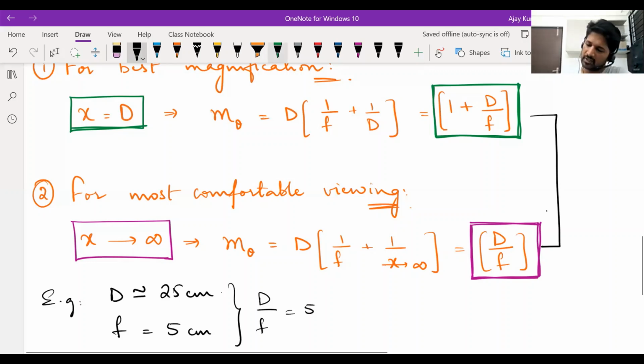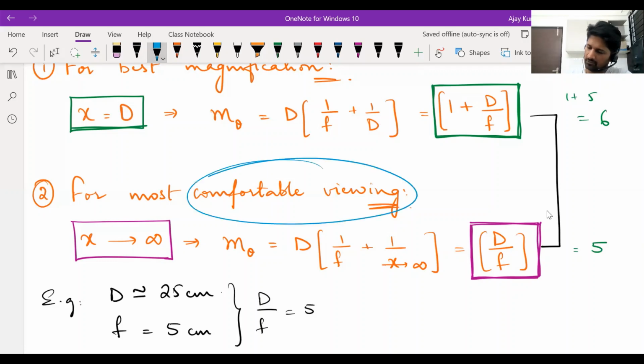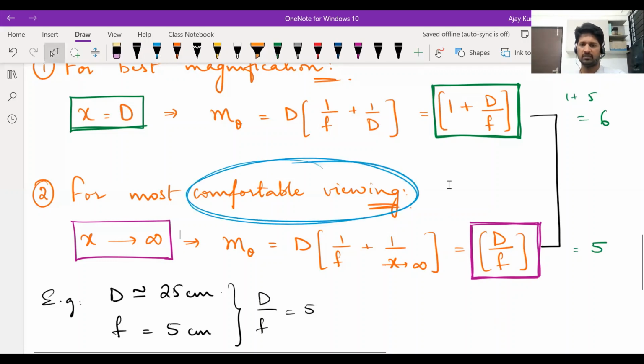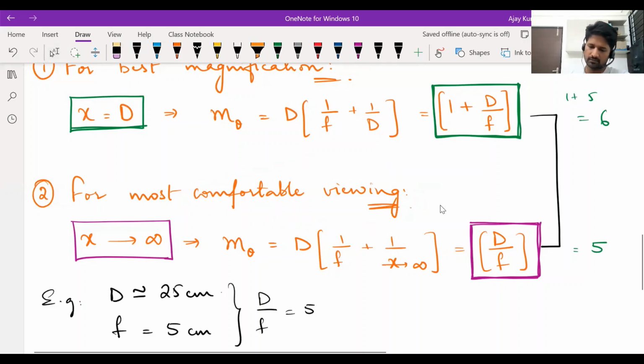That means the best magnification you can get is 1 plus 5, that is 6 times, and the worst magnification is 5 times. So if you go for comfortable viewing, you will still get a significant amount of magnification. Rishi, is this clear or not? Yes, sir. Okay.